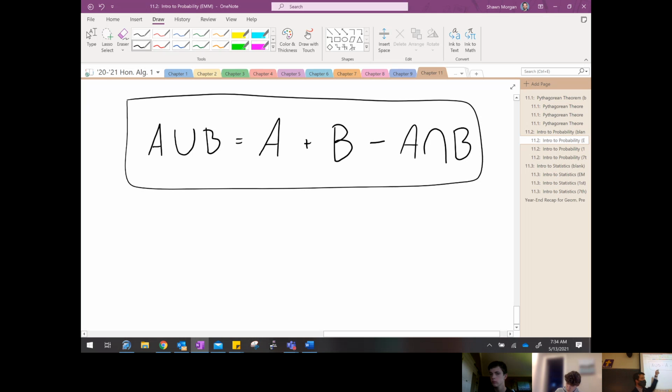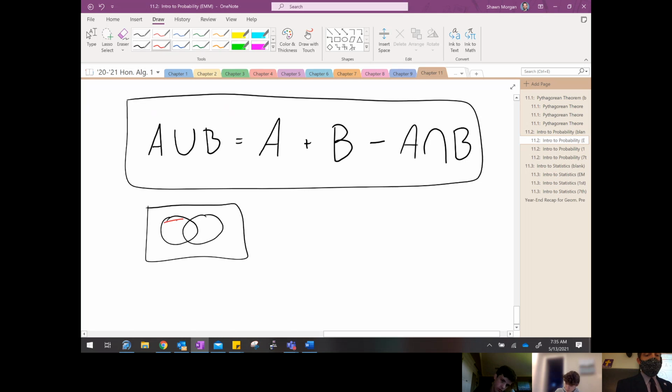The U symbol right there is referred to as the union. So what that looks like visually, right, is it is A or B. Okay, so the union A union B.